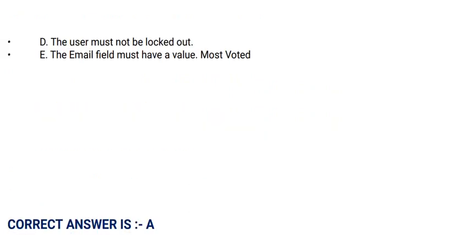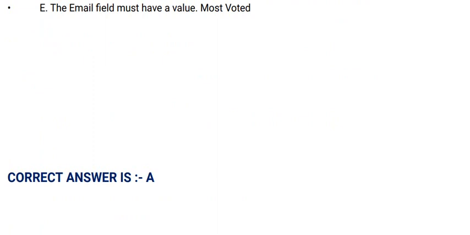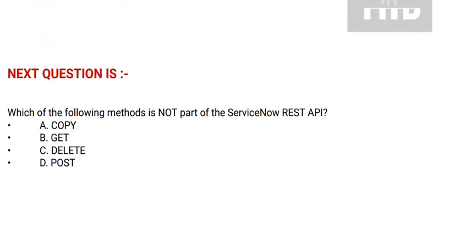And the correct answer is option A. Next question is, which of the following methods is not part of the ServiceNow REST API? Option A, copy. Option B, get. Option C, delete. And option D, post. And the correct answer is option A.